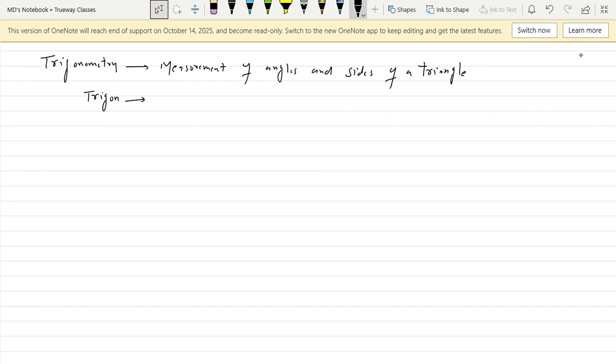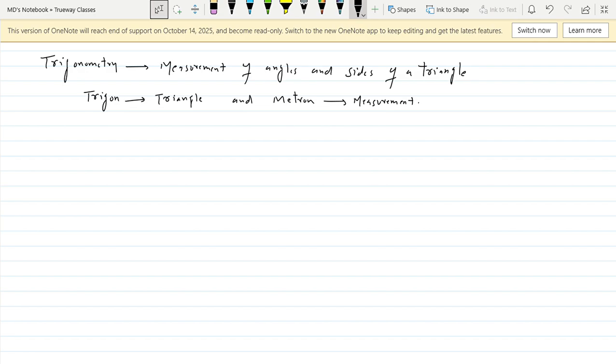Trigon means triangle, and another word is metron. Metron means measurement. So trigonometry is the measurement of triangles.